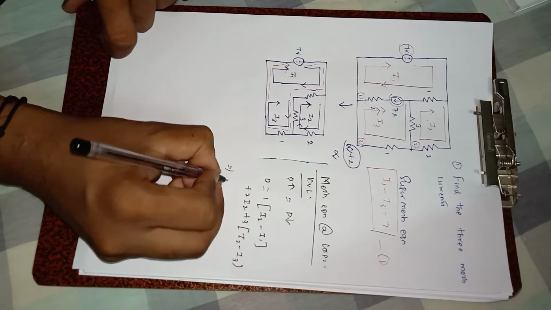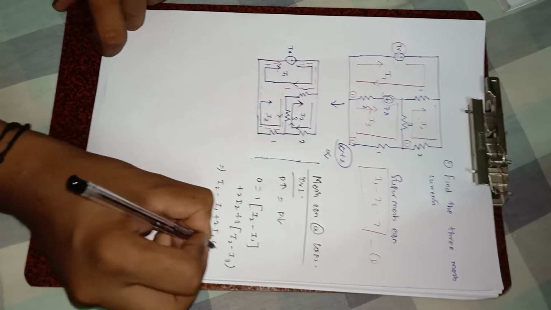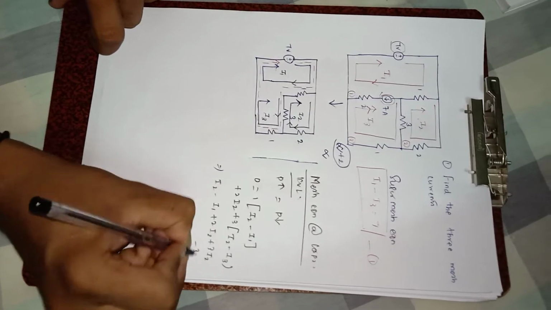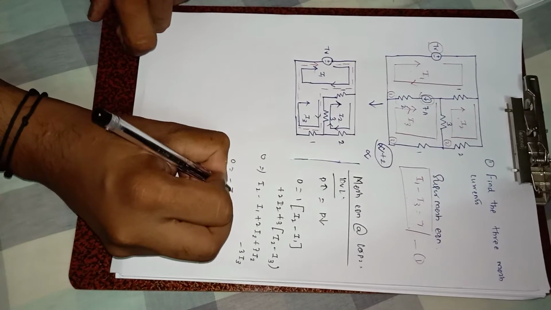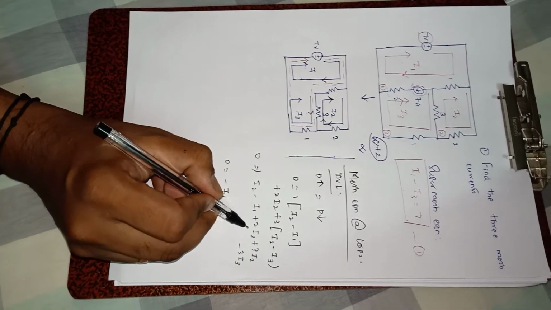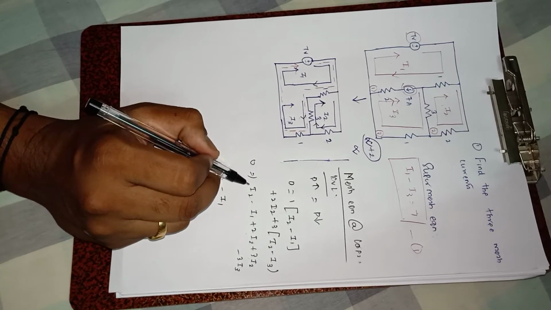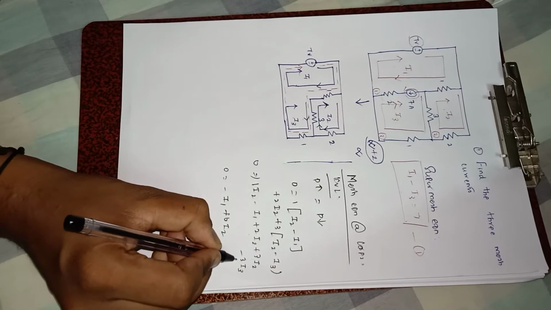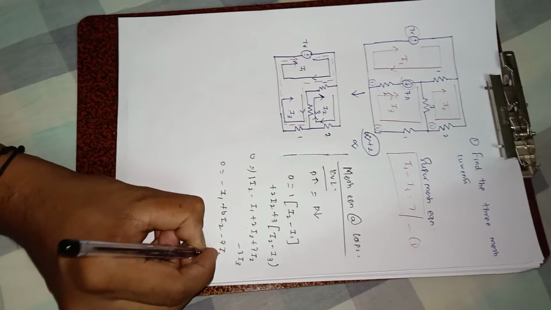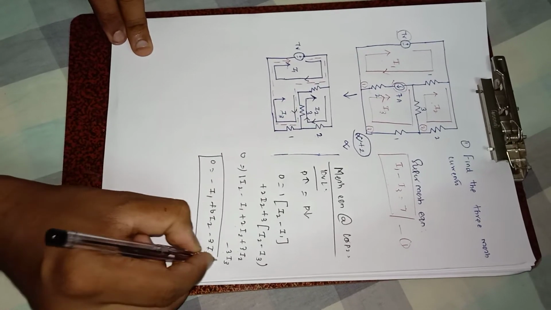We can write it as I2 minus I1 plus 2 times I2 plus 3 times I2 minus 3 times I3, which is equal to 0. So 0 is equal to minus I1, plus 2 times I2 plus 3 times I2 which is 5 times I2, plus 1 time I2 makes 6 times I2, and minus 3 times I3. This equation is called the second equation.